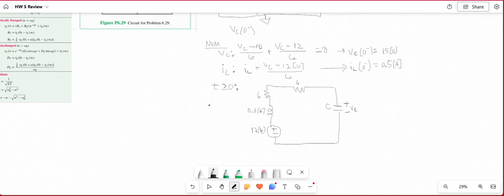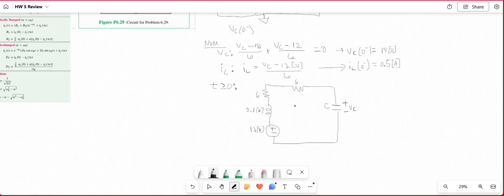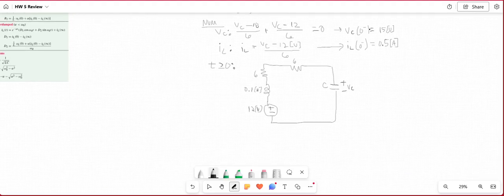Volts. All right. So then from this, we know VC of 0 equals VC of 0 minus, because the voltage doesn't change instantaneously. So VC of 0 equals 15 volts.